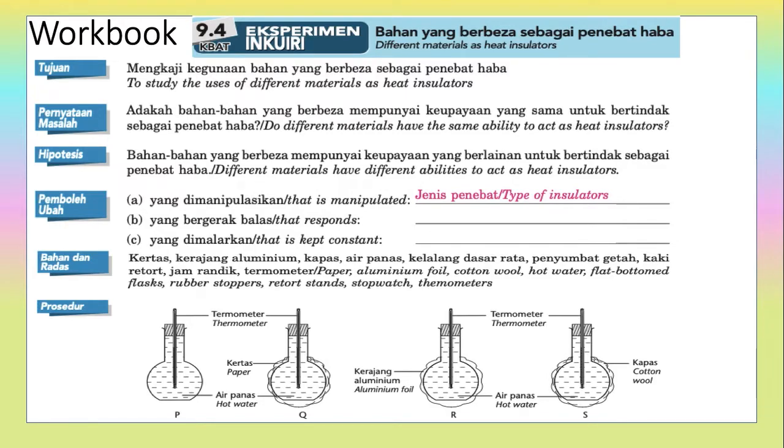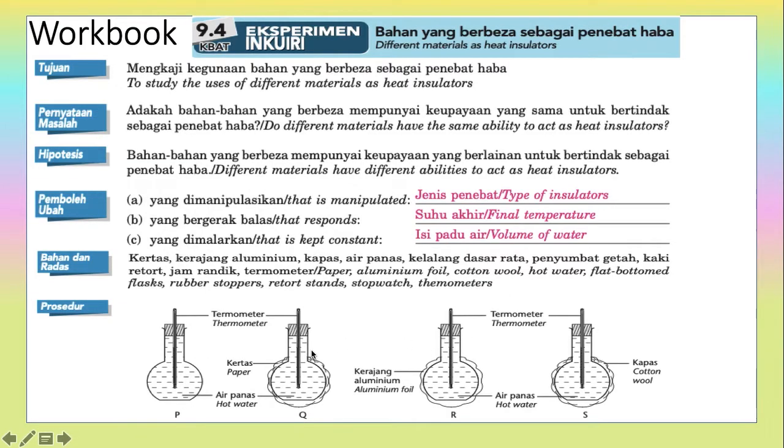It is used as a benchmark or a point of comparison against the test results. After carrying out this experiment, we can compare the observation obtained in P with the results obtained in Q, R, and S. The responding variable will be the final temperature, and the variable that is kept constant is the volume of the water.